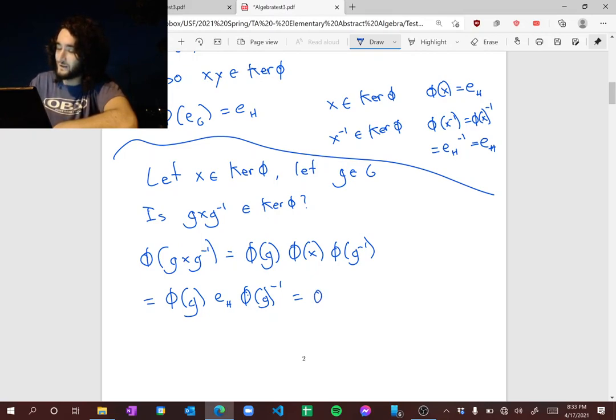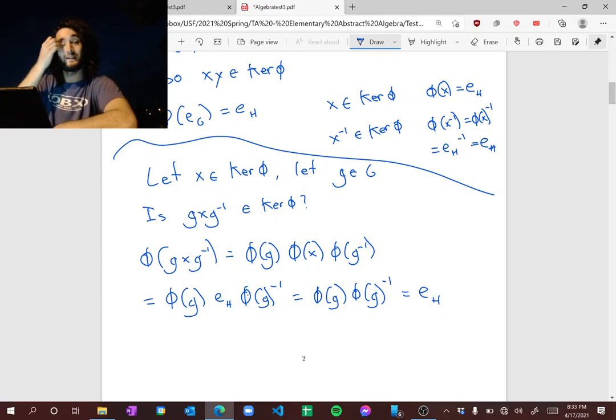So this is really phi of g times phi of g inverse. And so, boom, that is the identity. In other words, phi of g x g inverse gets mapped to the identity, so g x g inverse is in the kernel.